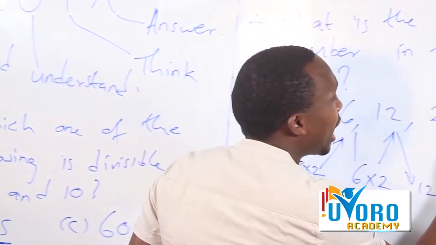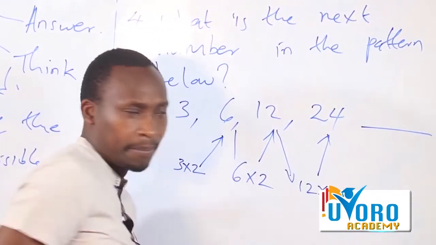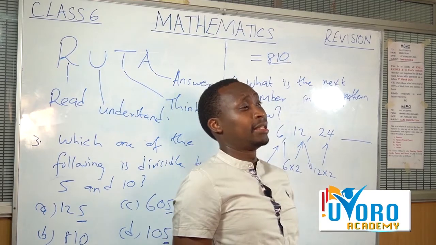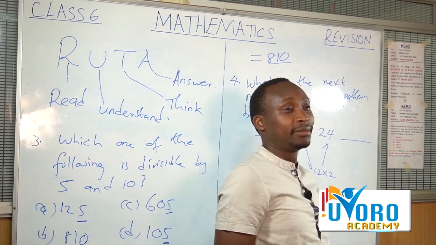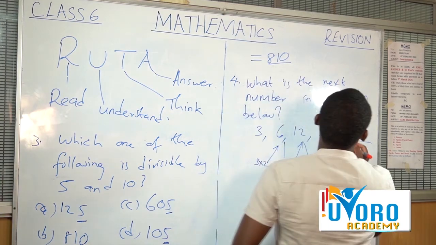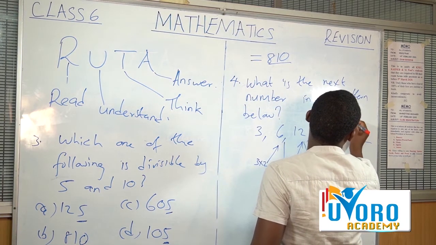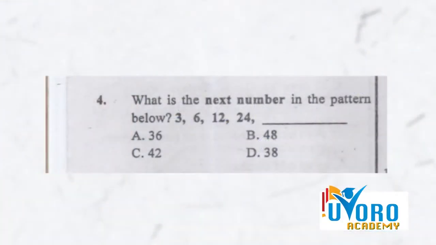Yes. Now, what are we now supposed to do here? Very good. Now, they only have multiplied. We are supposed also to multiply this 24 times 2. What is 24 times 2? That is 48.